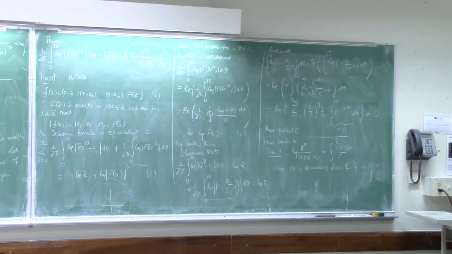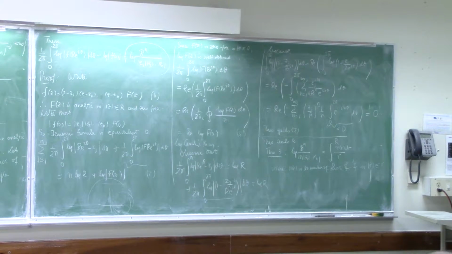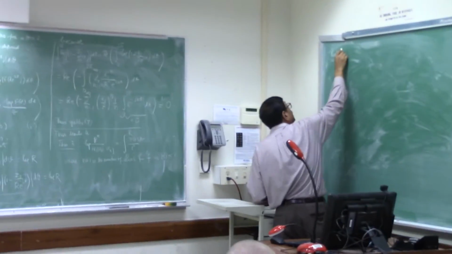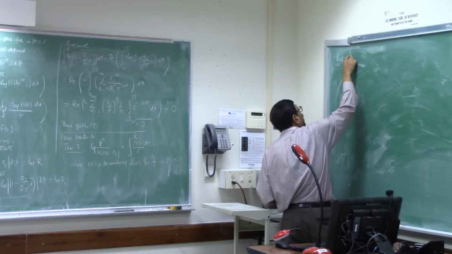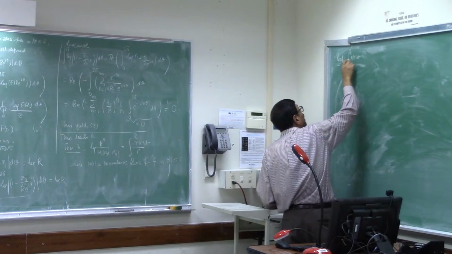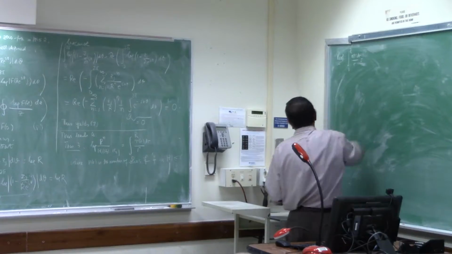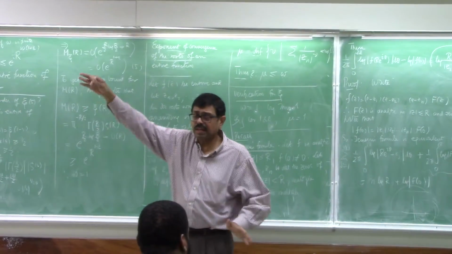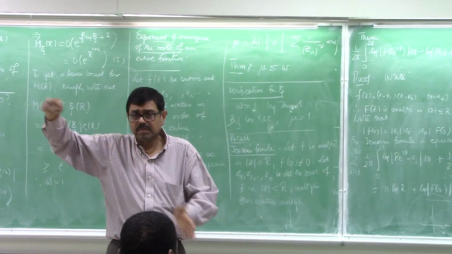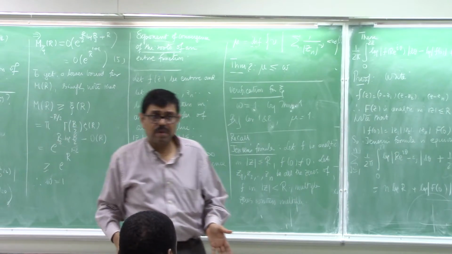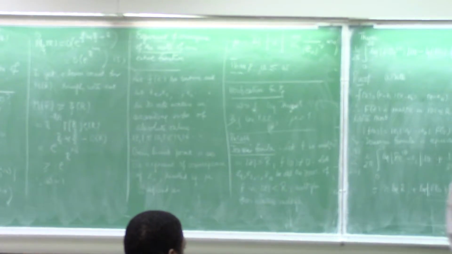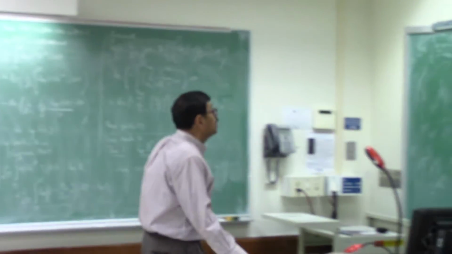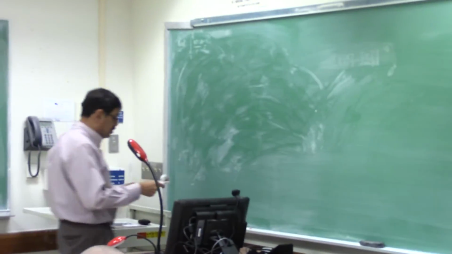Okay, proof. That immediately gives an exponent of this. The integral from 0 to r, n of r dr divided by r, can now be broken up as follows. These zeros have all been arranged with increasing absolute value. Therefore, we do this integral by going from 0 to absolute z1.